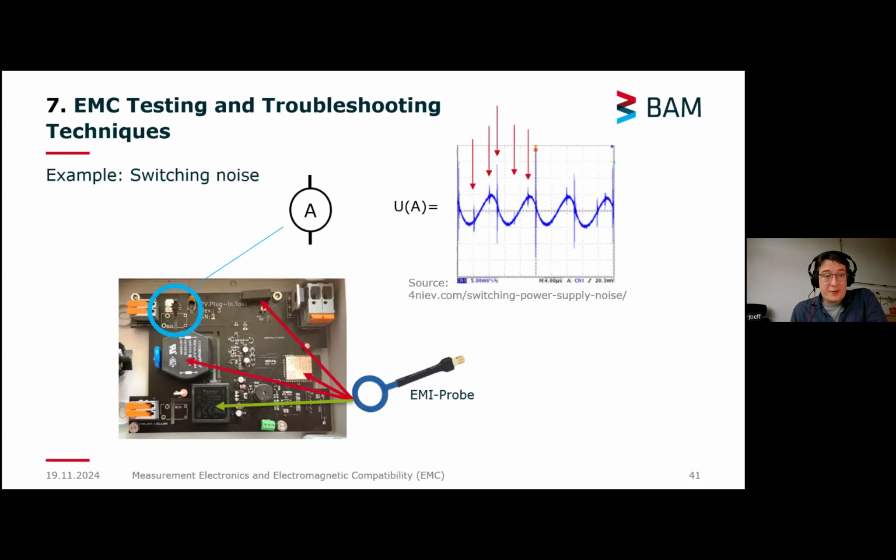So I was measuring with the EMI, the electromagnetic interference probe, different places, different modules of my design. And in the end, I could isolate the switching frequency in the power supply unit. It's shown with the green arrow.